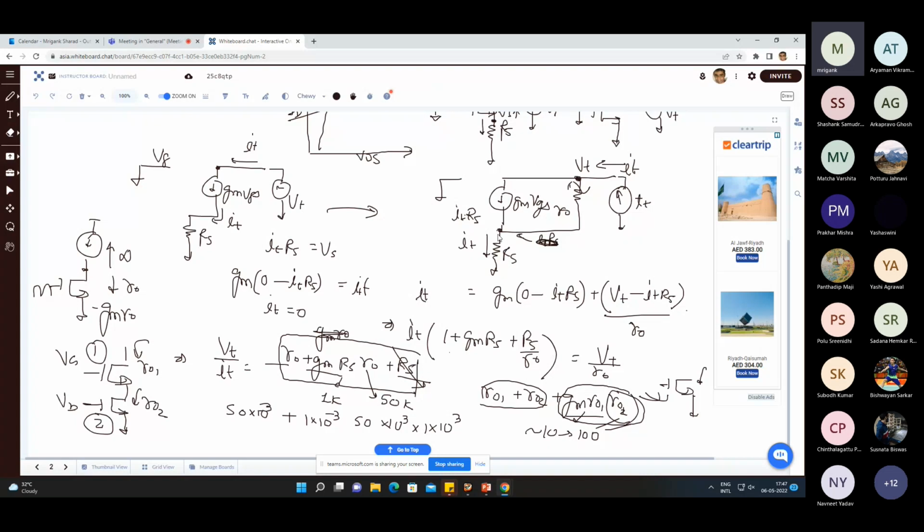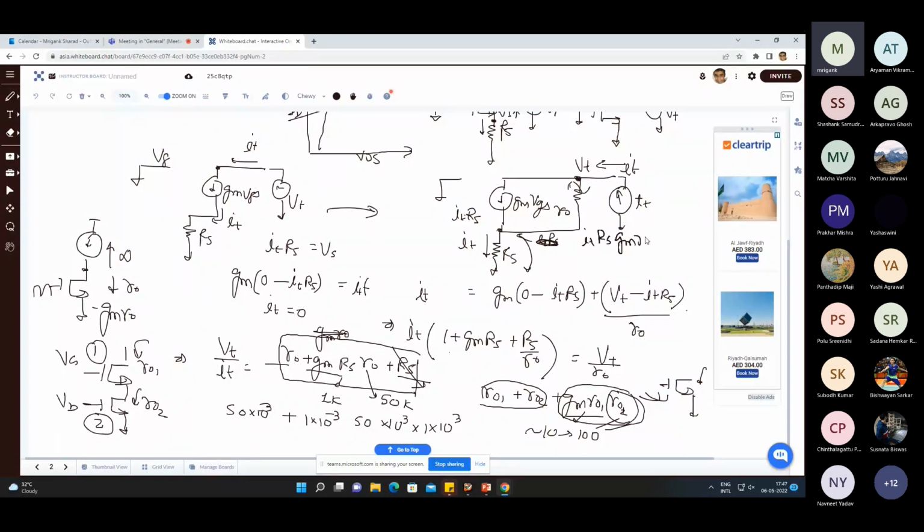Of course, you are having a net magnitude between source and drain. But if I assume that this part is small, and the source to drain increase in the voltage is large, in that case I can say that ultimately VT is approximately equal to ITRS into GMRO.